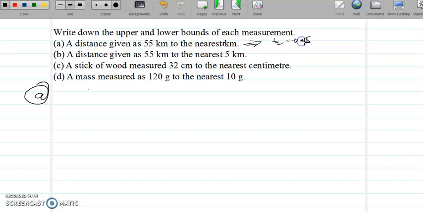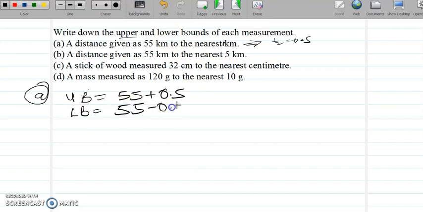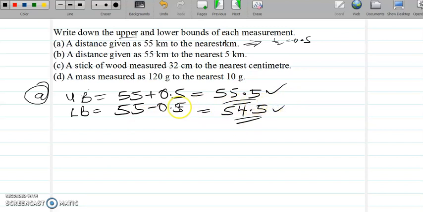So since I have 0.5, if I want to find the upper bound, it will be 55 plus 0.5, and the lower bound will be 55 minus 0.5. So 55 plus 0.5 gives us 55.5, this is the upper bound. And 55 minus 0.5 gives us what? 54.5, and this is the lower bound.